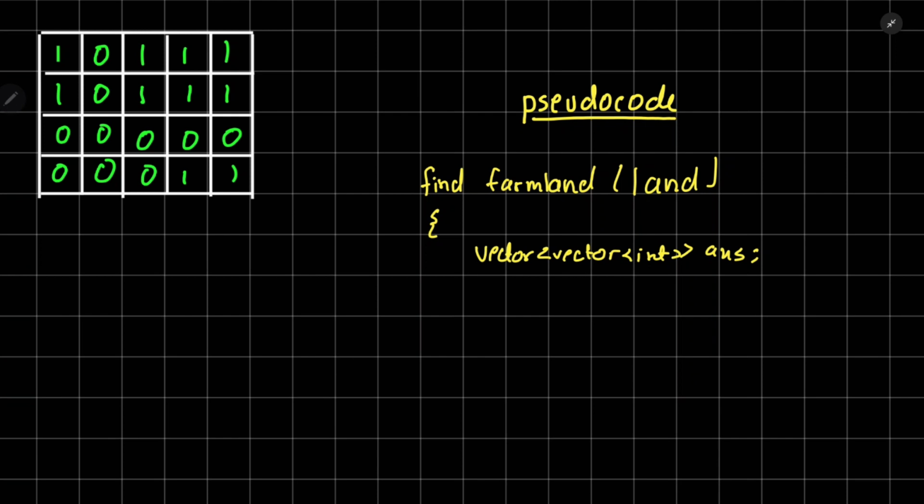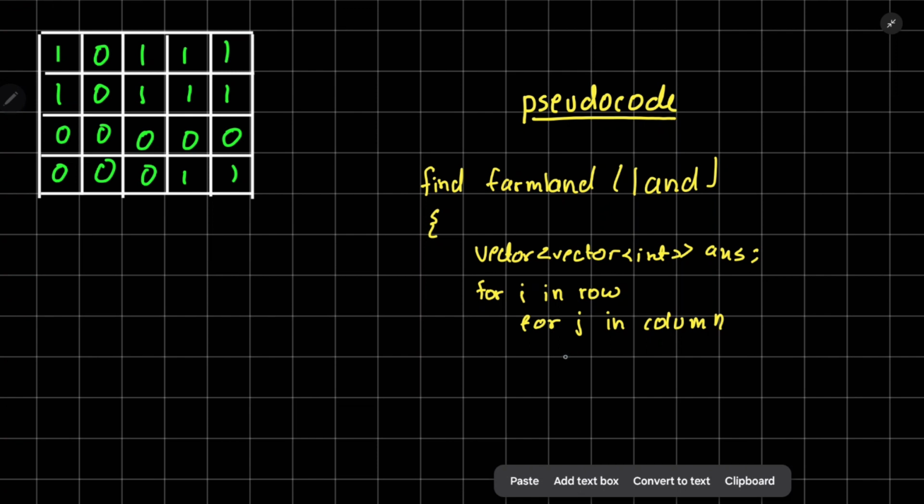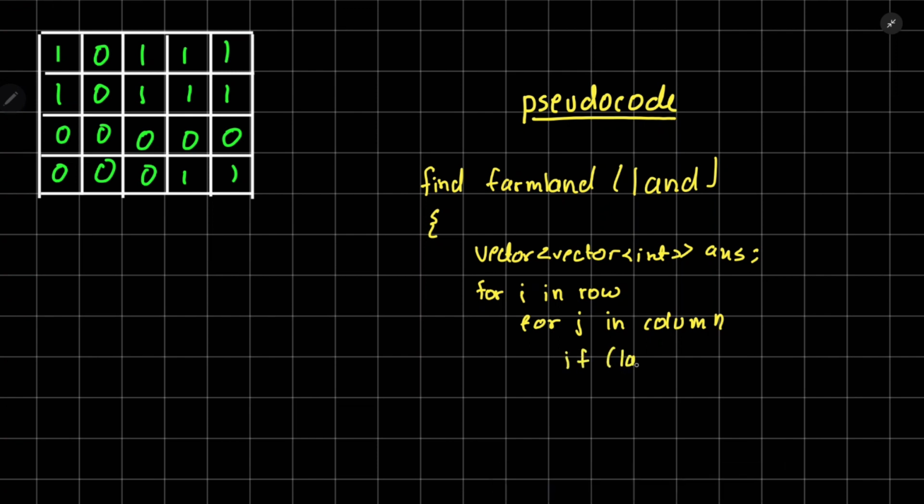Now we'll just traverse the matrix land, for i in row, for j in column. Now if we find the current element is 1, so if land[i][j] is equal to 1, we find a new group.